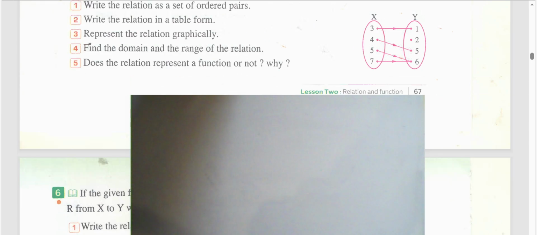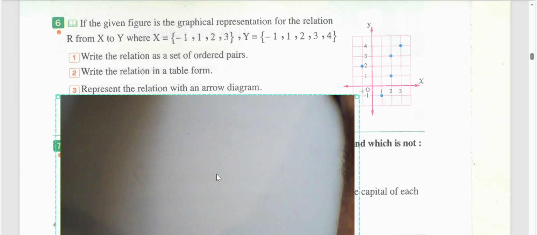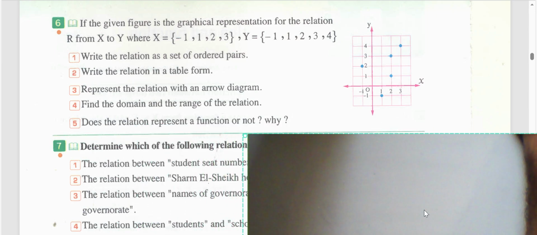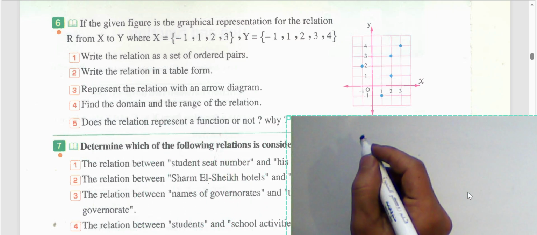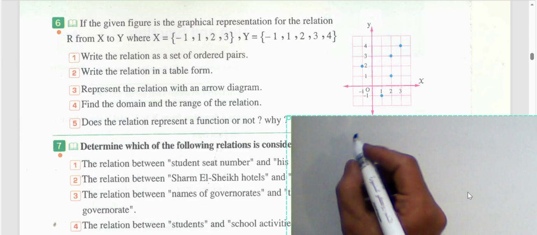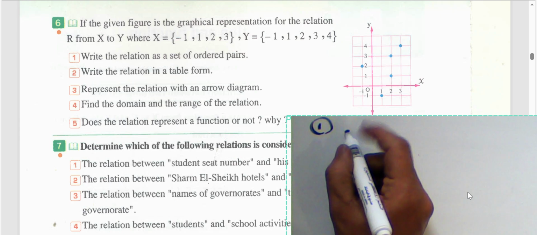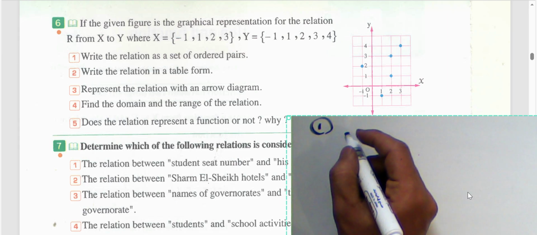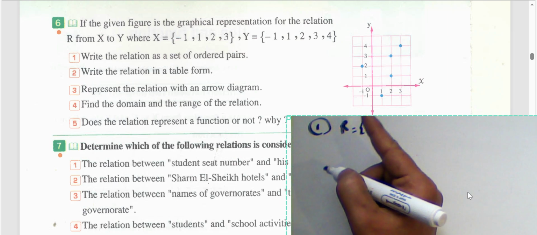Complete with me. Asked about the relation here, function or not function. You can write the relation by ordered pairs. We have here the domain and codomain, and find the relation between x and y.